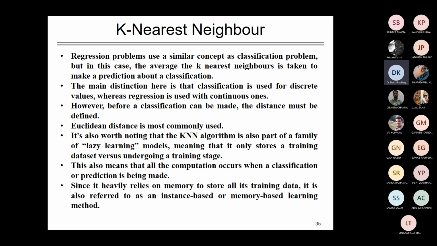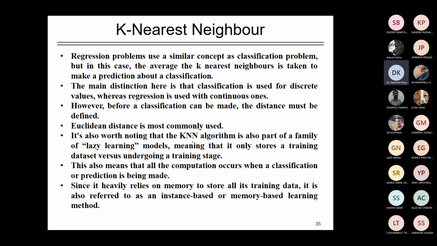Now note that the KNN algorithm is also part of a family of lazy learning models. What are lazy learning models? It means that it only stores a training data set, but it does not undergo any training stage. Another interpretation of lazy learning in k nearest neighbor is that all the computation occurs when a classification or prediction is being made.